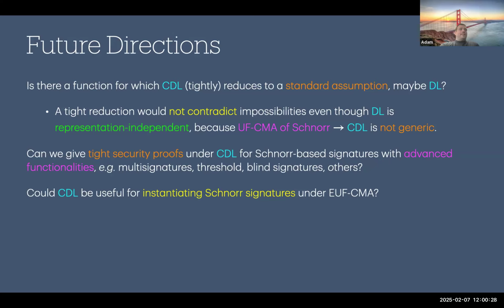My idea would be: suppose we have F satisfying CDL, can you wrap F in obfuscation or something like that to make some H which makes Schnorr secure in the standard model? So CDL could maybe help, but I haven't been able to make it work.